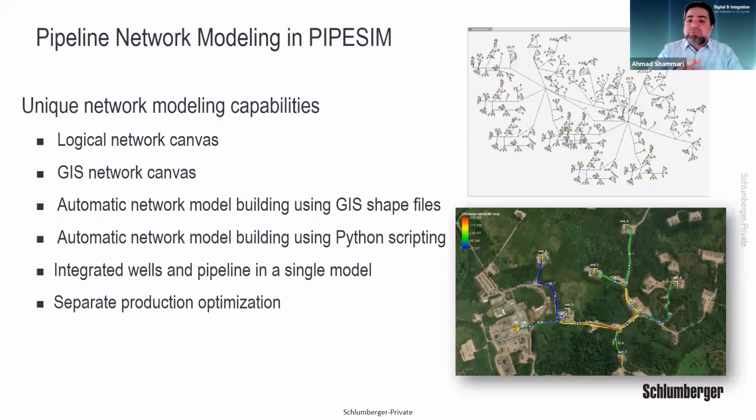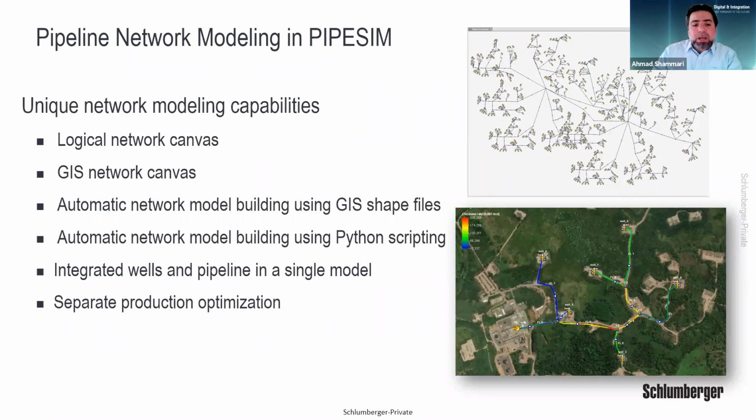While it's running, this optimization service will give you recommendations for new field settings, such as the choke settings, distribution of artificial lift, etc., without touching the network simulation itself. And then if you are happy with the recommendations that the optimizer gives you, you can send these recommendations back to the network simulation model.